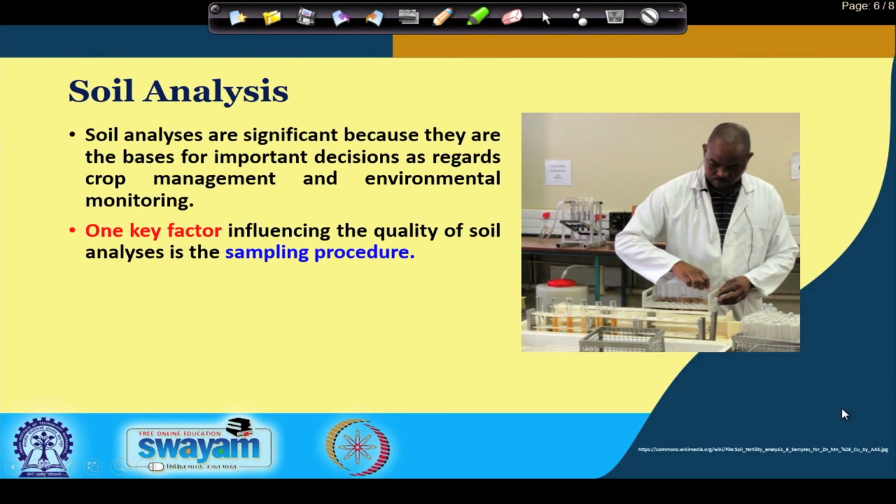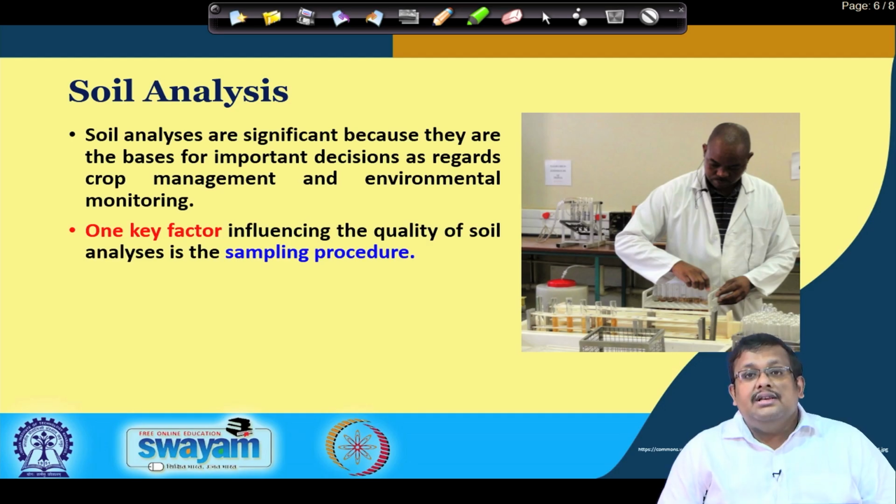Now, soil analyses are very significant because they are the basis for important decisions with regard to crop management and environmental monitoring. Remember, soil testing has to be done both from the point of view of crop management, because you have to understand the soil fertility property, and simultaneously you have to understand whether your soil is contaminated or not with certain inorganic or organic pollutants.